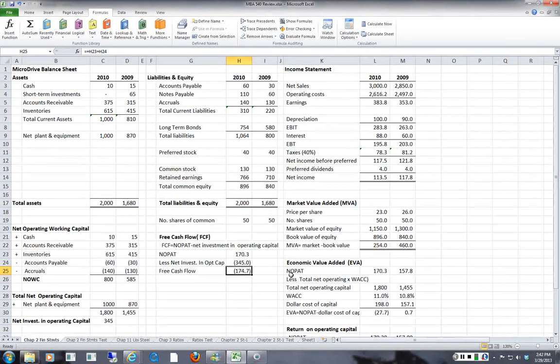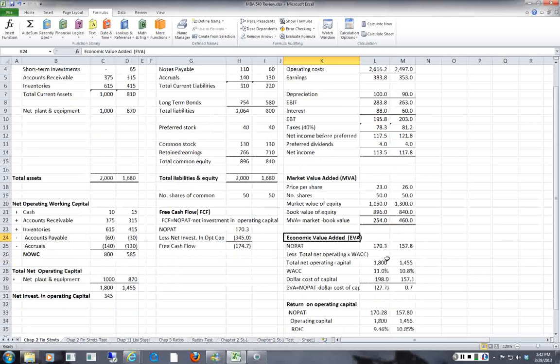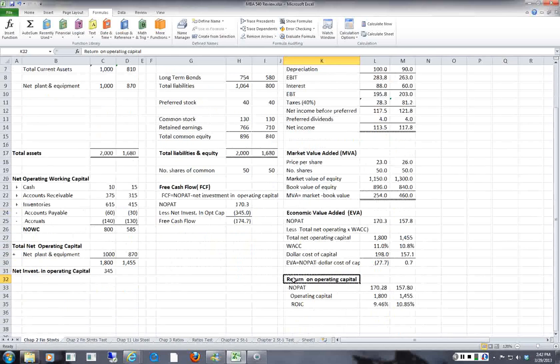Now, what we're going to do with that, we're going to go over here in this economic value added. First of all, let's go down here to the return on operating capital, which is we take NOPAT, which is 170.3. I took one more. It's 170.28 and 157.8 for the preceding year.